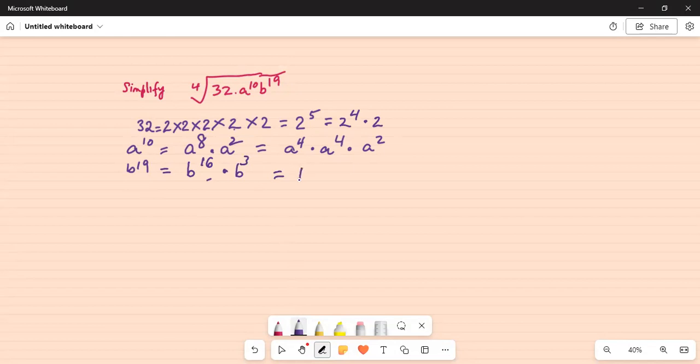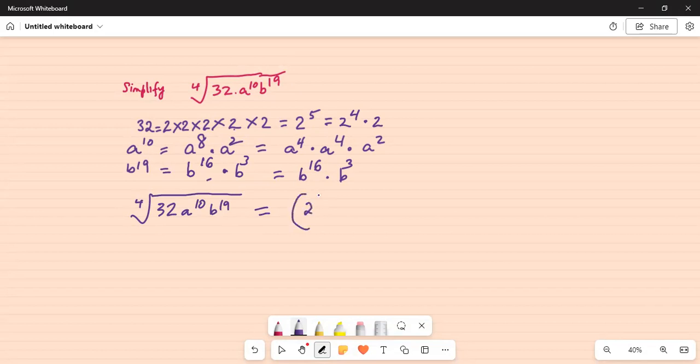Okay, let's leave it as b to the 16 times b cubed. So finally, the operation is the fourth root of 32, a to the 10, b to the 19, which we will write inside parentheses.